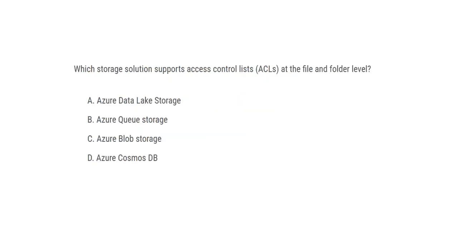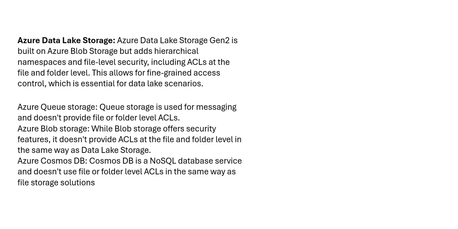Now, which storage solution supports access control lists at file and folder level? Our answer would be data lake storage, but you might very well ask why not blob storage. So let's look at why data lake storage first. Under the hood it uses blob storage, so it's not a very different product.